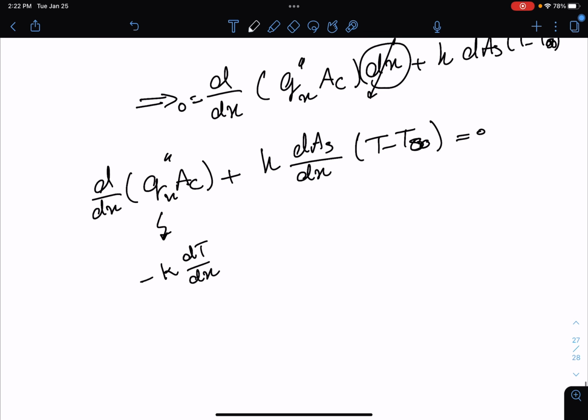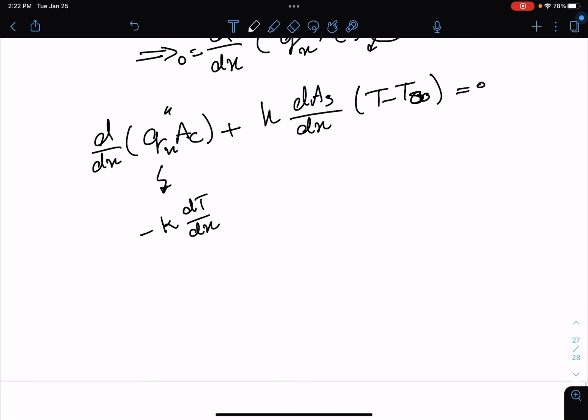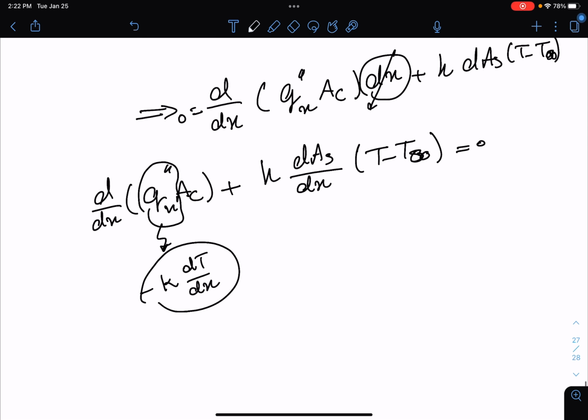What is the next step here? I'm going to replace q double prime of x with k dT/dx. What is the next step here? And I guess I've messed up a negative sign here. This should be a negative sign.